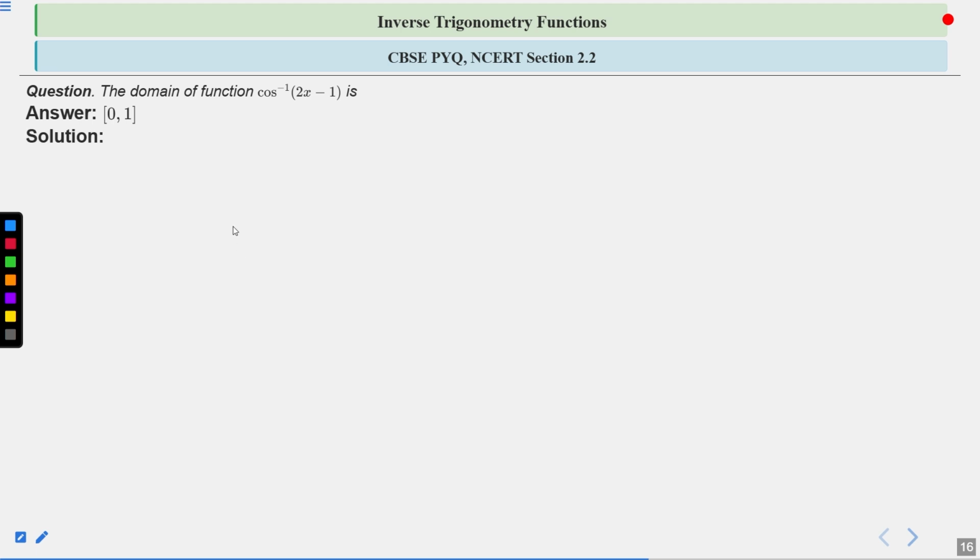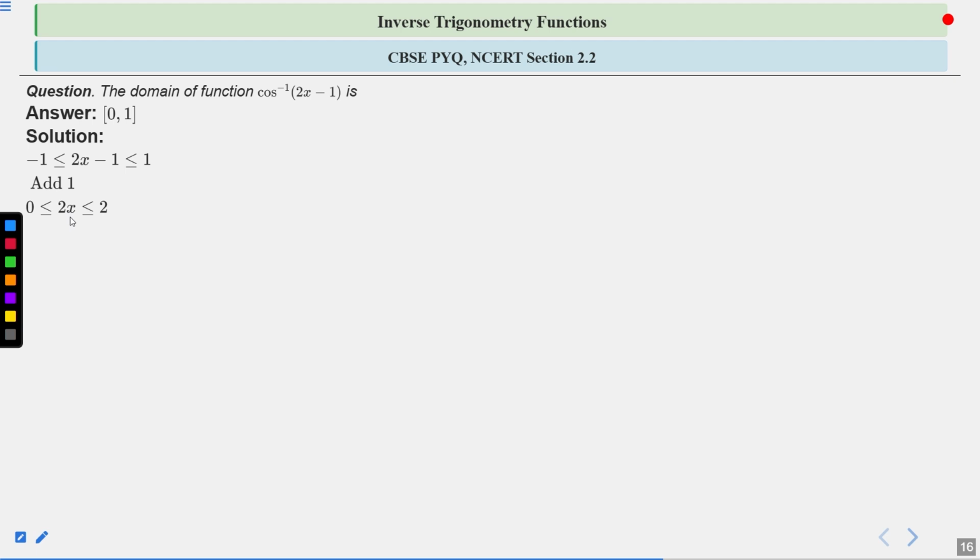So let us see the solution part. See, we know that 2x minus 1 will always lie between minus 1 to 1. Got it? So we can add 1 throughout.